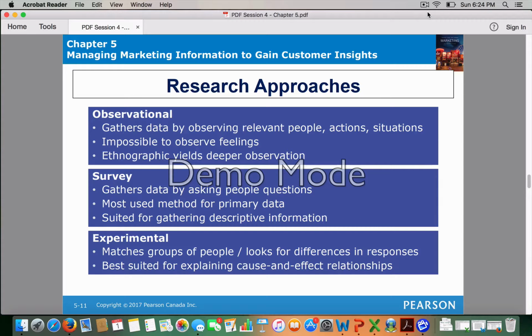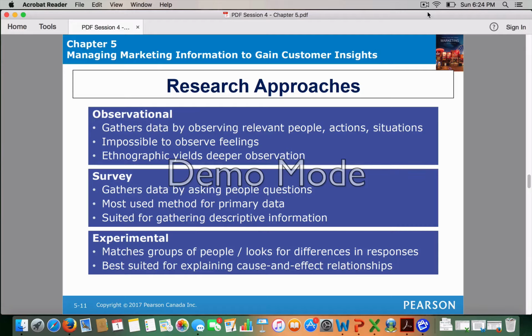The first is observational research. Observational research gathers data by observing relevant people and actions or situations. And this can be observing them, again, individually. An observer actually watches people and records what they do, what actions they take.